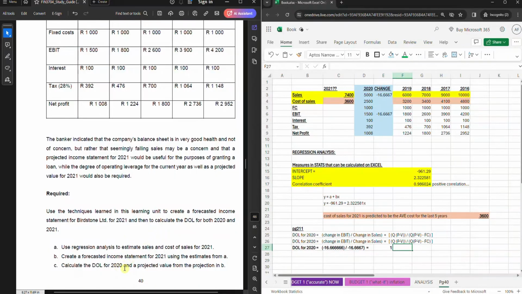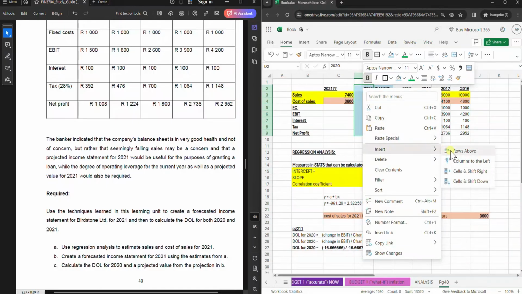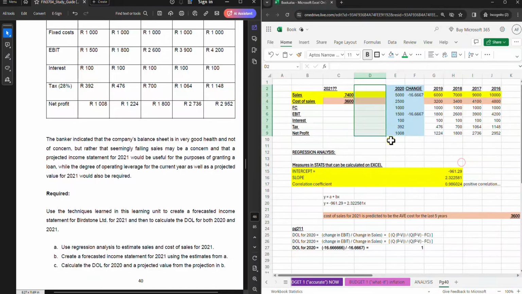Right, then we need to calculate DOL for 2021, a projected value from projection B. So we need another line here. Fixed costs are all 1,000, so this will stay 1,000 in 2021.